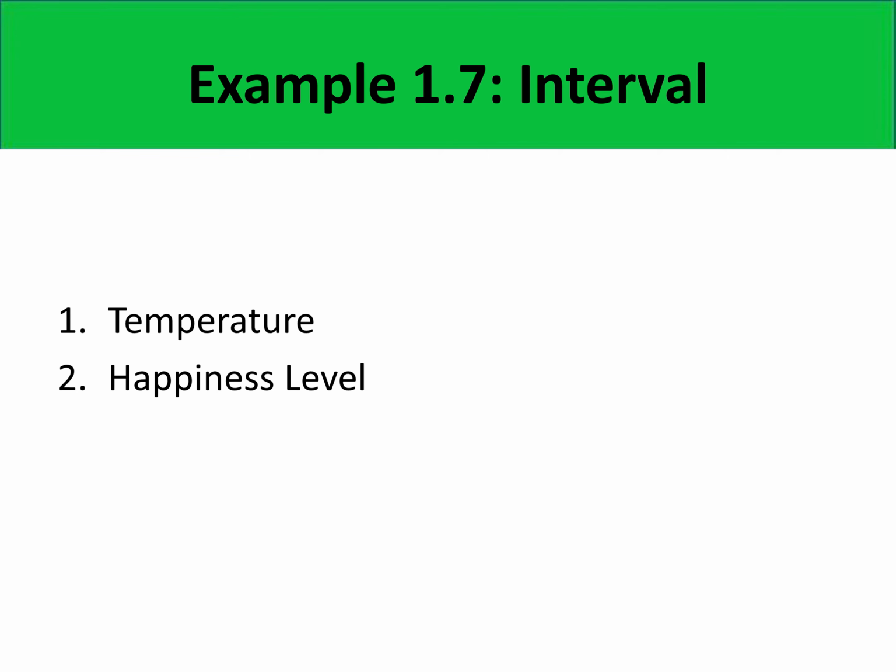In the interval level of measurement, the number 0 doesn't mean absence of the phenomenon. So for example, the variable temperature is in the interval level of measurement because 0 degrees Celsius doesn't mean absence of temperature. Now, as explained in the previous slide, happiness level is an example of an interval level of measurement.